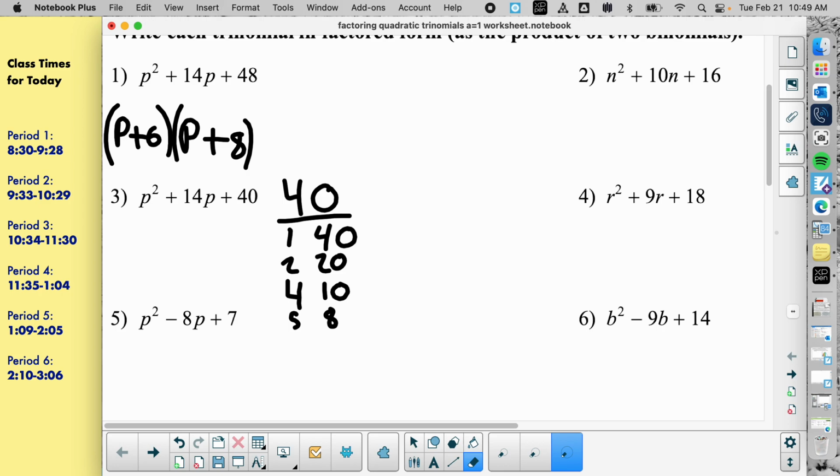Okay, does one of those pairs add up to 14? Wait, yes. Yeah, nice. No. Uncircle. Oh, drag the circle. 4 and 10. There we go. 14, 4 and 10.